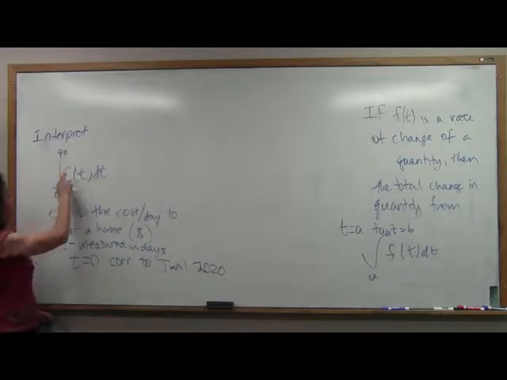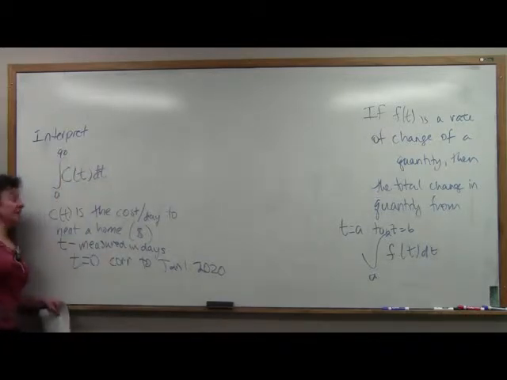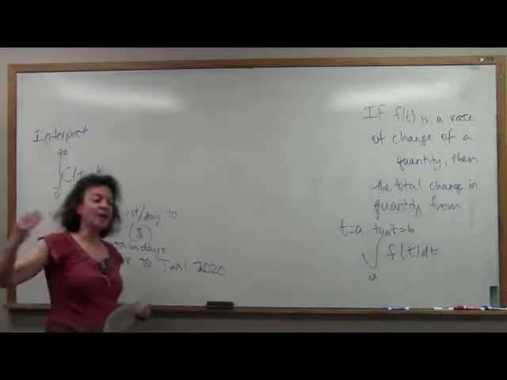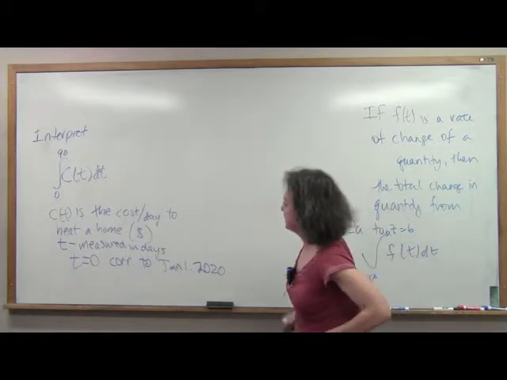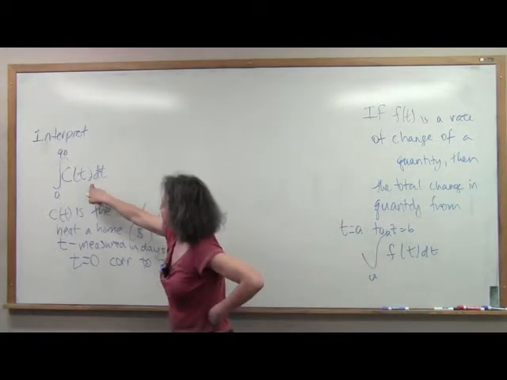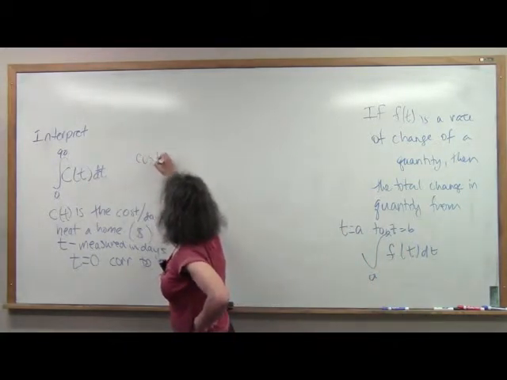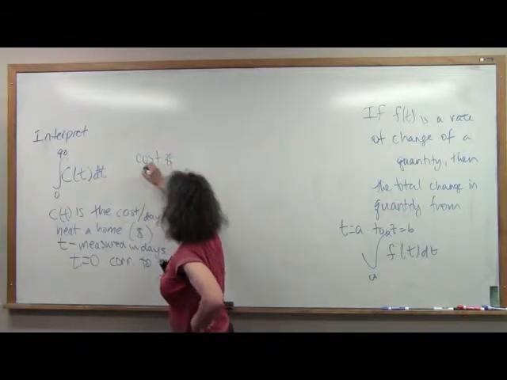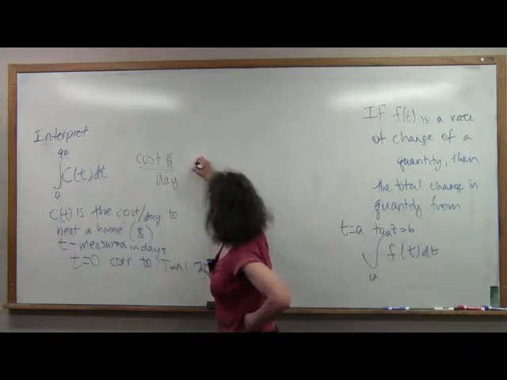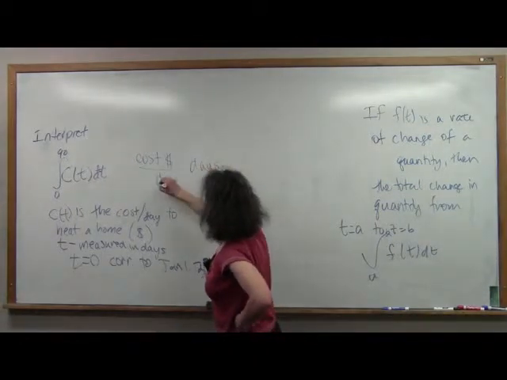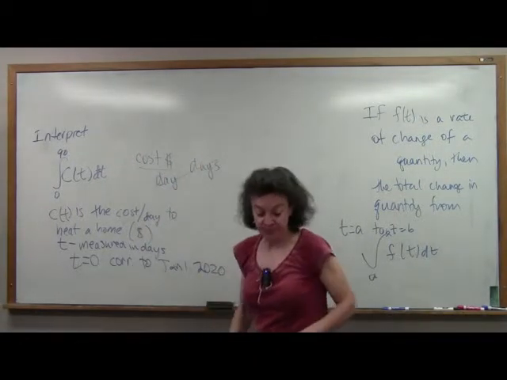So how would we interpret this definite integral? Again, I always go back to units because I think that gives us a really good starting place. Okay, what are the units for C of t? That's the cost, or the dollars per day. t is measured in days. So again, those are going to cancel.